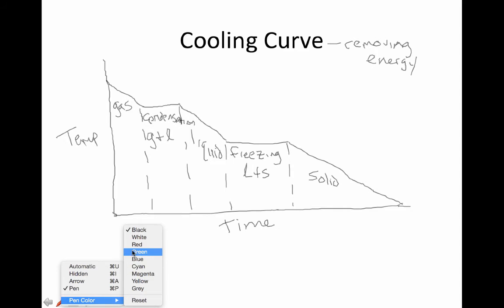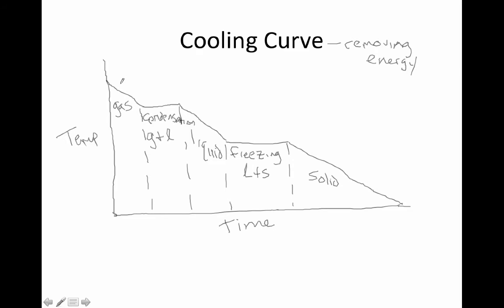So now let's add our changes in kinetic energy and changes in potential energy. Same deal as before. Our inclines have changes in kinetic energy, so we start with a change in kinetic energy here, and we'll have another change in kinetic energy here. On every single incline, it's going to be a change in kinetic energy. And then on our plateaus, just like before, it's still a change in potential energy.